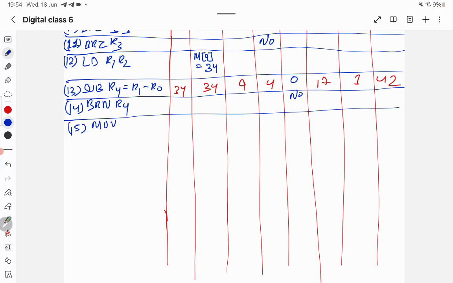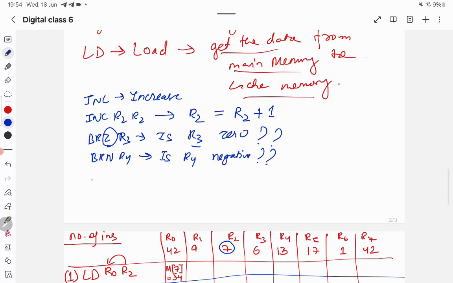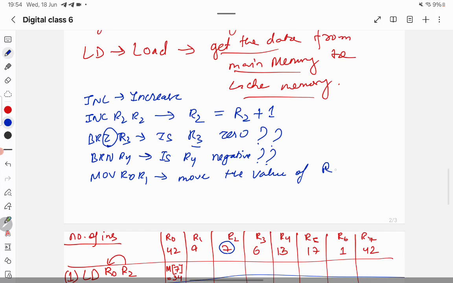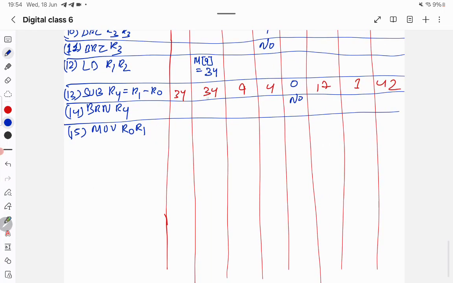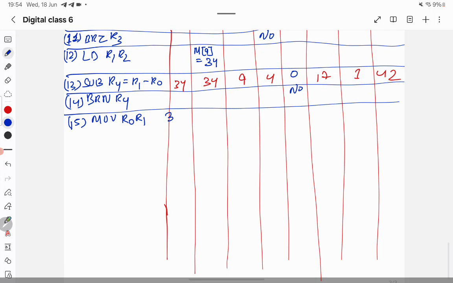MOV means move. Move R0 R1 means move the value of R1 to R0. So what is the value of R1 here? 34. So we will move the value of 34 to R0.